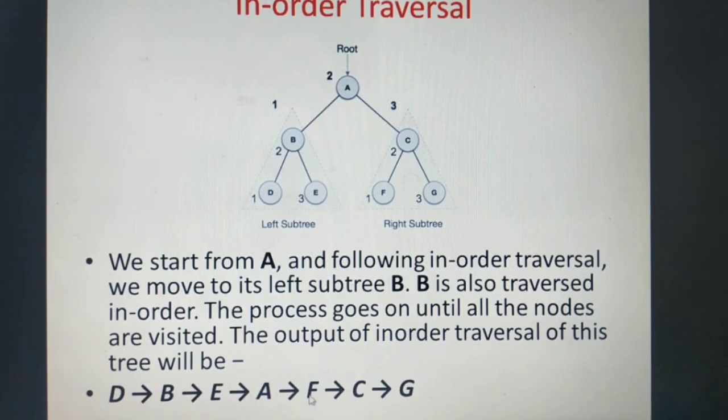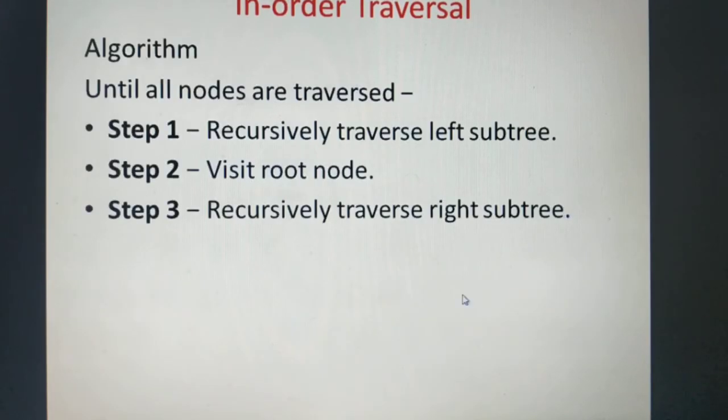Hence we have F, C and G. So the algorithm we frame is: recursively traverse the left subtree, then visit the root node, and then recursively traverse the right subtree until all nodes are traversed. Remember, until you complete the entire tree traversal.